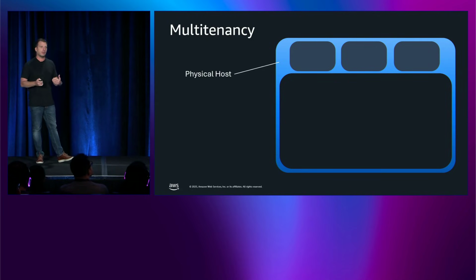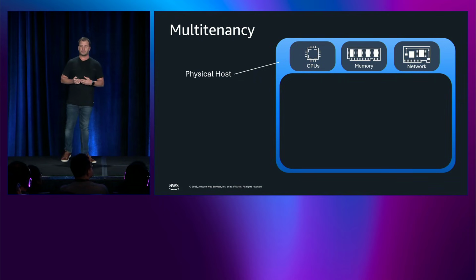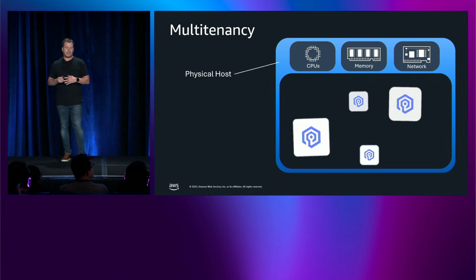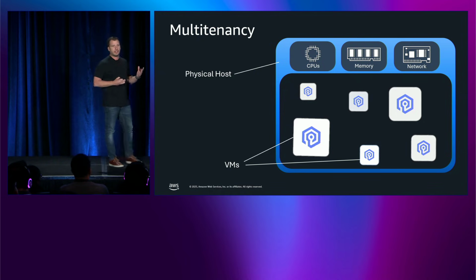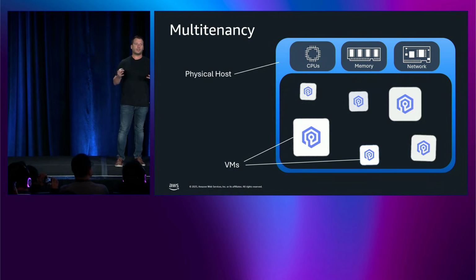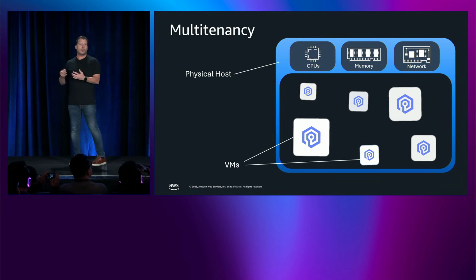Because we are running in a multi-tenant environment, we are sharing resources like CPU, memory, and networking. The cache nodes run inside VMs within the physical host, and as you can see, each cache node has a different size, because each cache node has a different workload to digest.